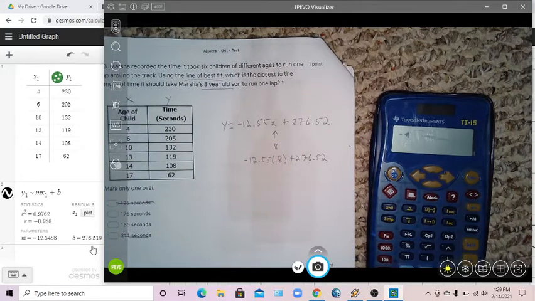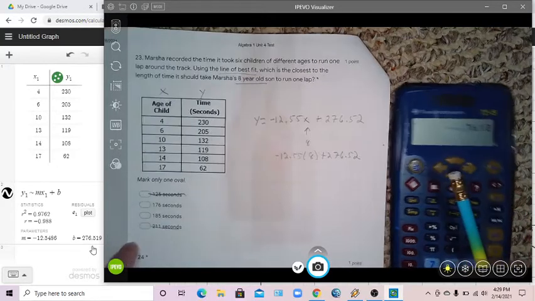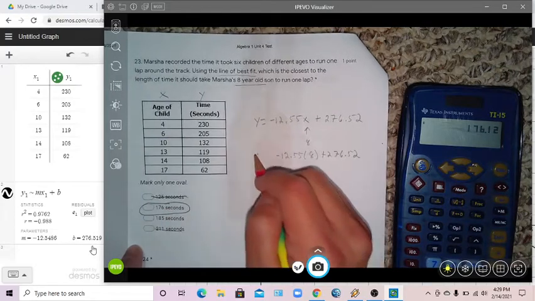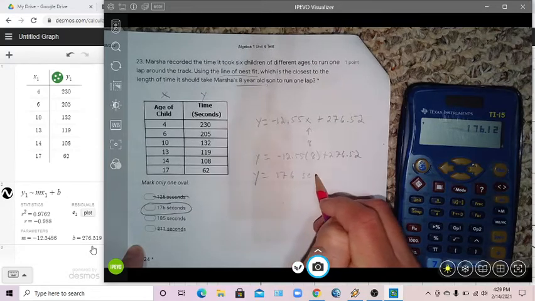So I have negative 12.55 times 8, plus 276.52. I get 176.12 seconds, right? But the closest thing is right here. So y equals 176 seconds.